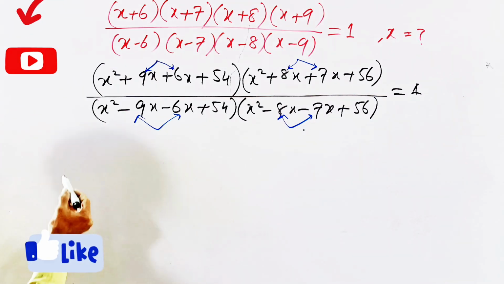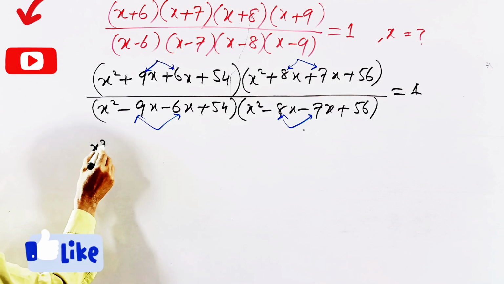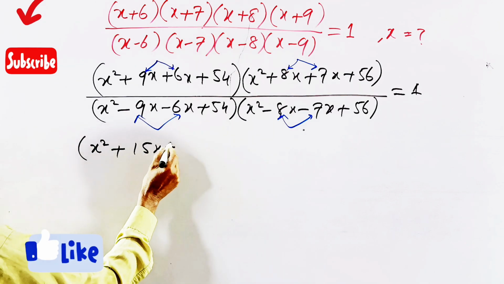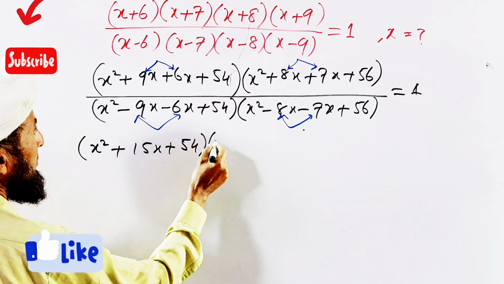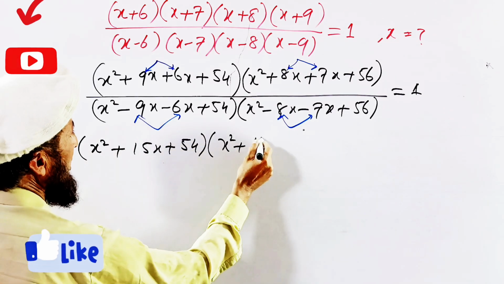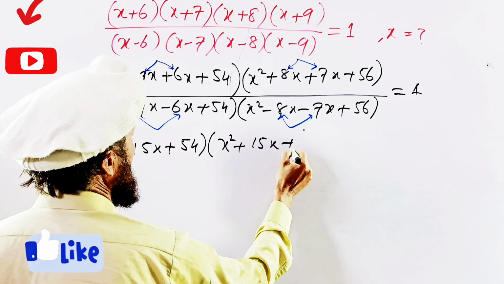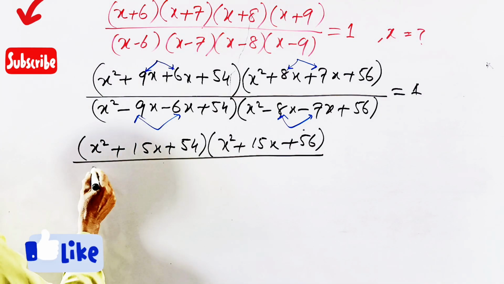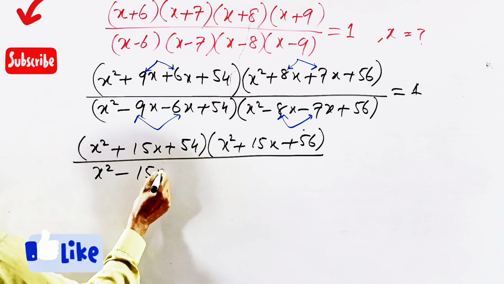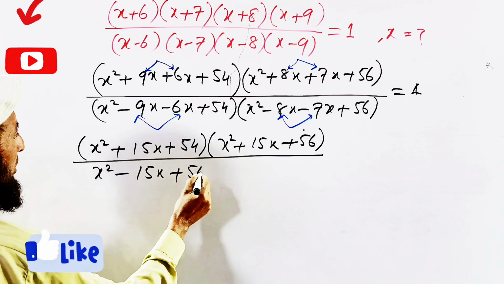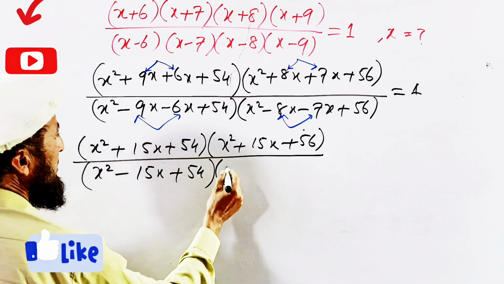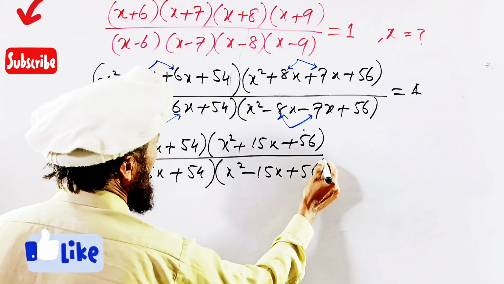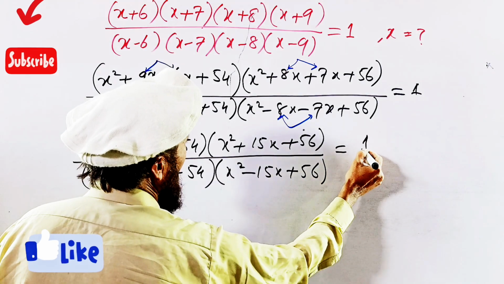So look here, (x square plus 15x plus 54) into (x square plus 15x plus 56) divided by (x square minus 15x plus 54) into (x square minus 15x plus 56) is equal to 1.